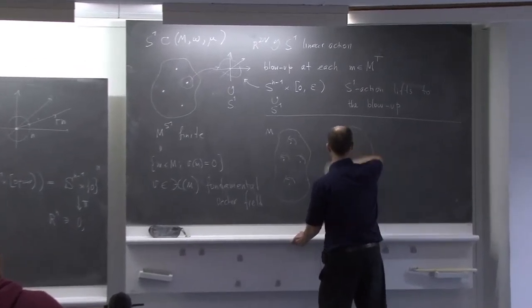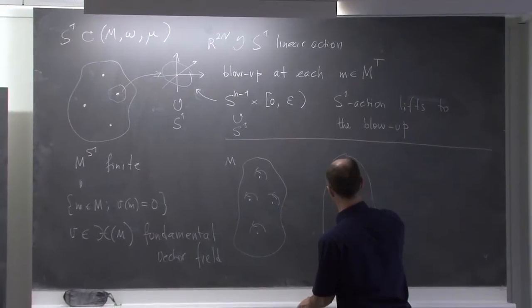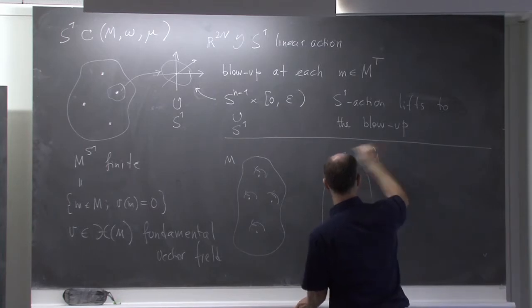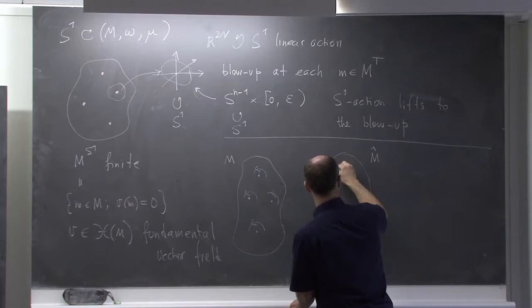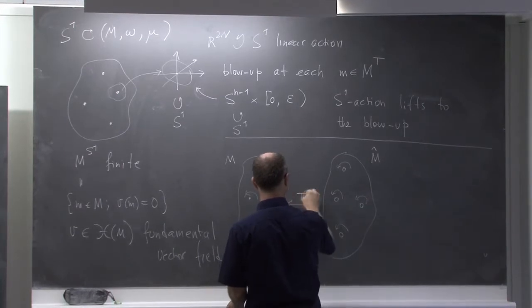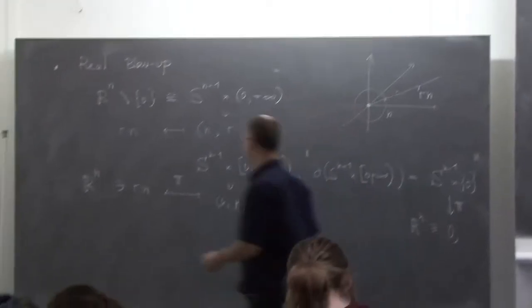And now we are making a blow up at each of these fixed points. So the resulting manifold, let's call it M hat. It still has an S1 action. So there is this projection pi.